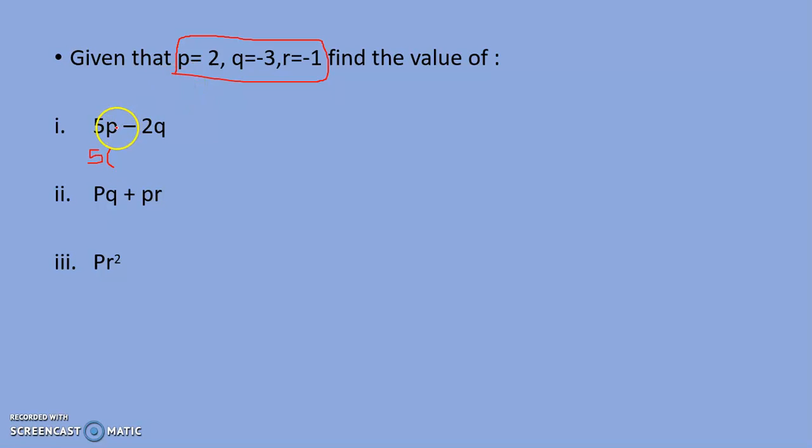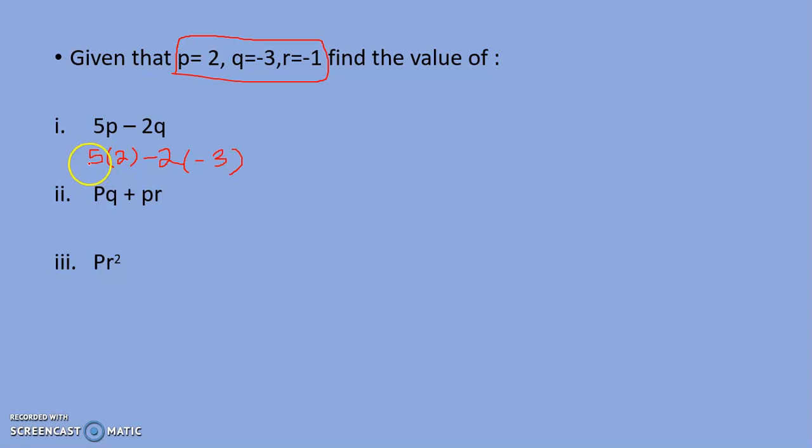We said that here p equals 2, minus 2 right here, and in this case q represents -3, so multiply by -3. Let me give you some more space.